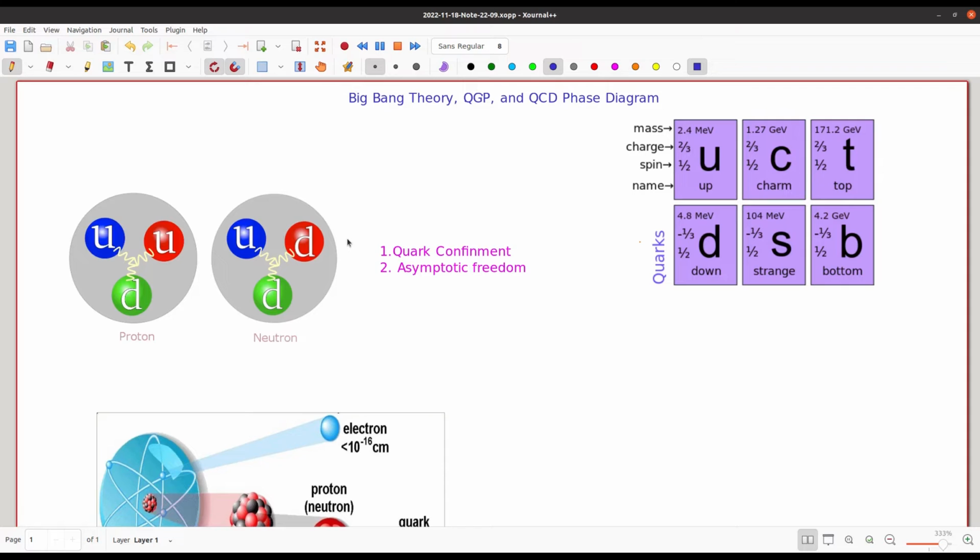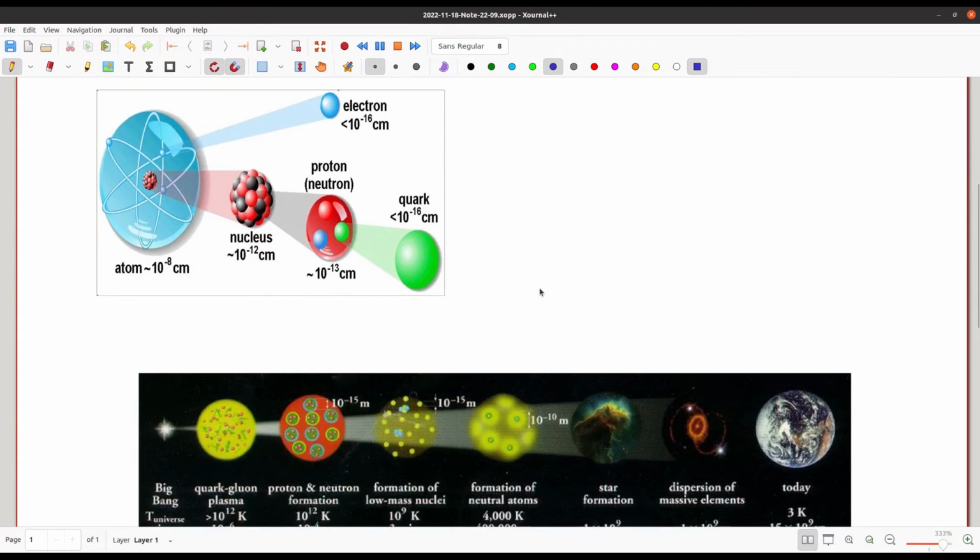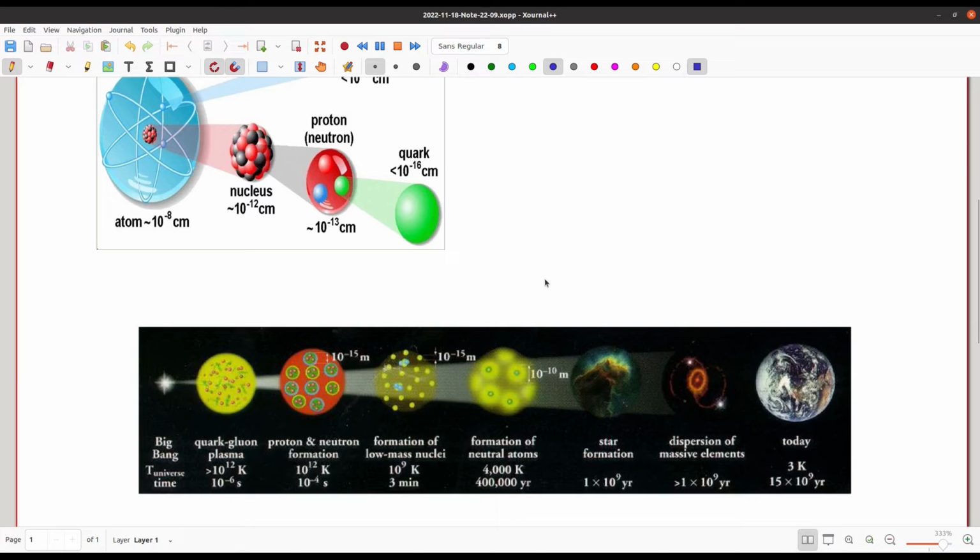Now I will explain the importance of the Quark Gluon Plasma, and why it is very relevant for our physics studies. Let's say I ask a very simple question: how was the universe created? At present we can see trees, a home, a car, everything. But how did these things look 14 billion years ago, or how were they created at the beginning?